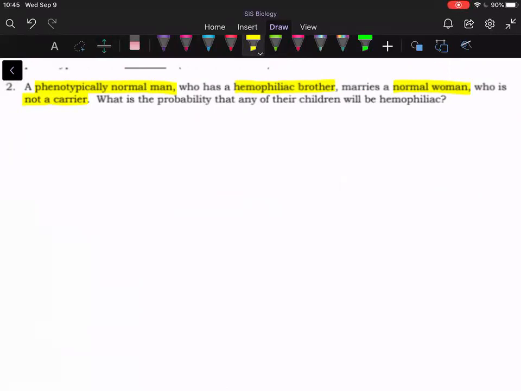Okay, so let's start off with the easy part, the normal female. So I'm going to use this symbol again for female. So if she's normal, she has at least one capital H. But this part here, she's not a carrier.